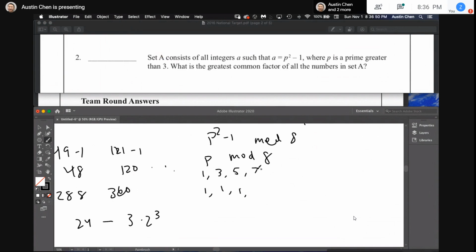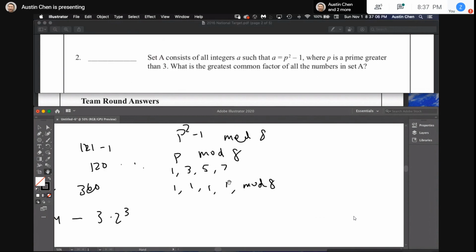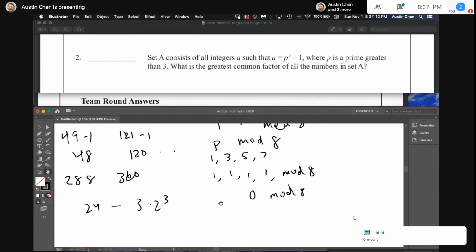And 7 squared is 49, which is also 1 mod 8. So what is this saying? No matter what prime you square, it will always be 1 mod 8, right? And then we're taking a minus 1, which means that it will always be 0 mod 8, which means it will always have a factor of 2 cubed.